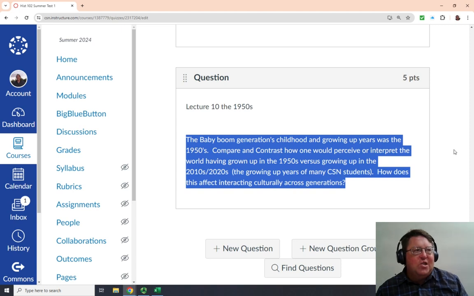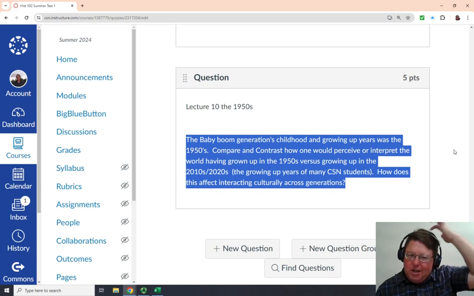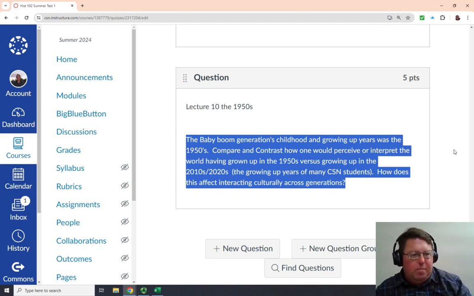So people from their late 60s to early 80s, their childhood was in the 1950s. And we know from popular culture, a lot of the popular media from the 50s was their growing up years. We've studied the 50s.